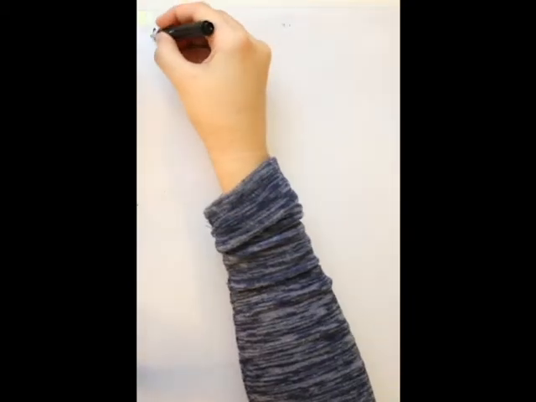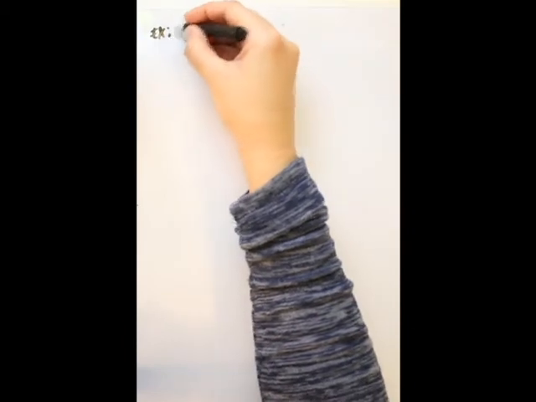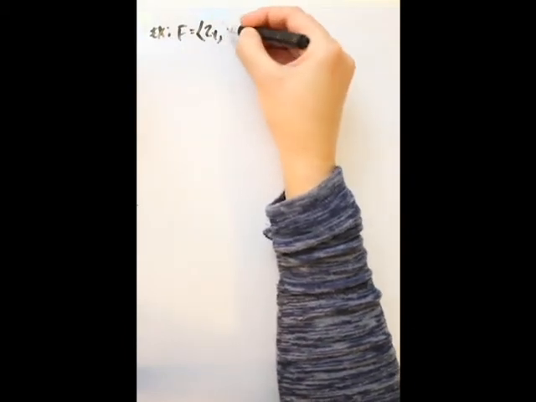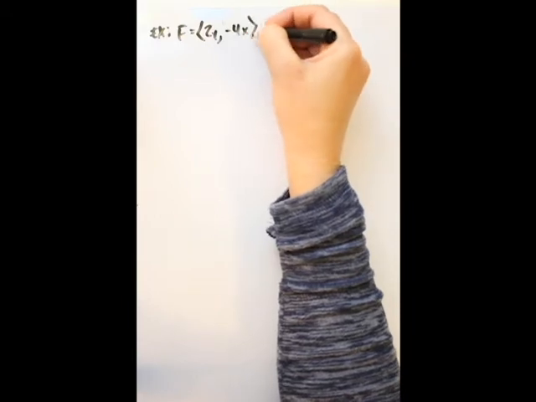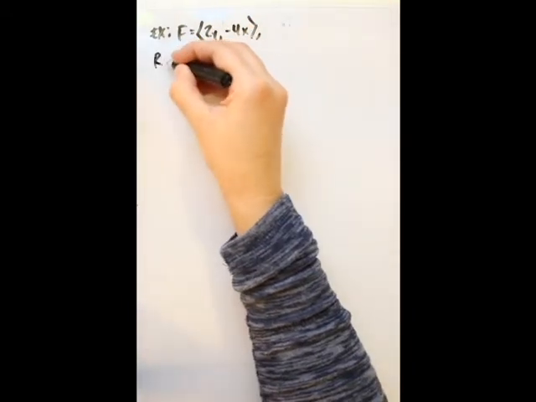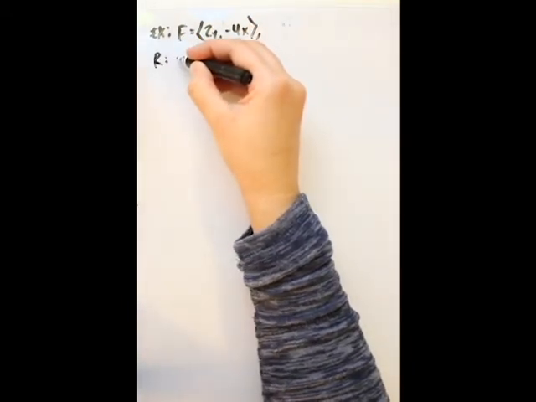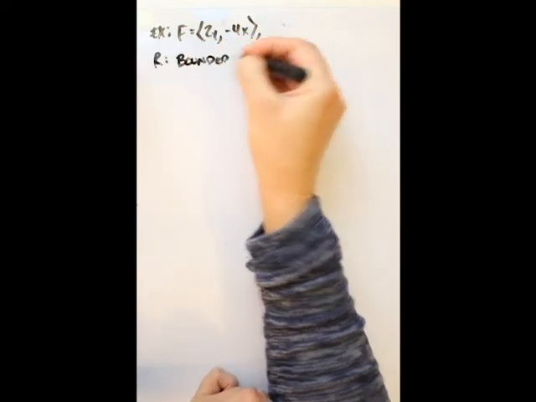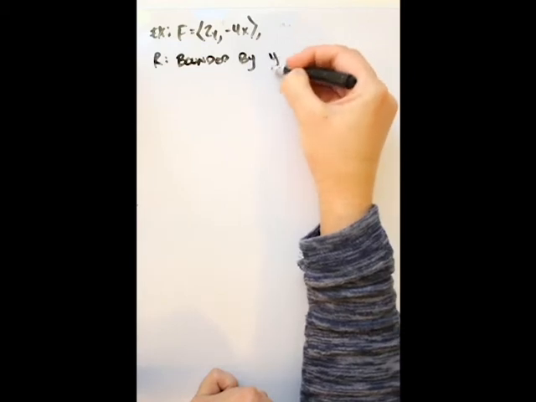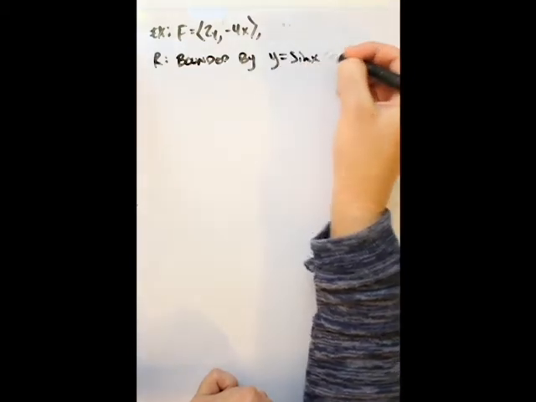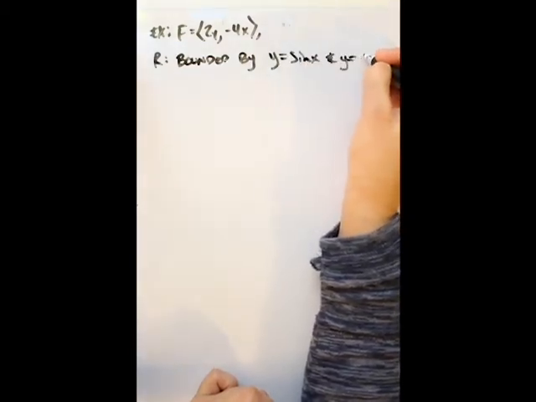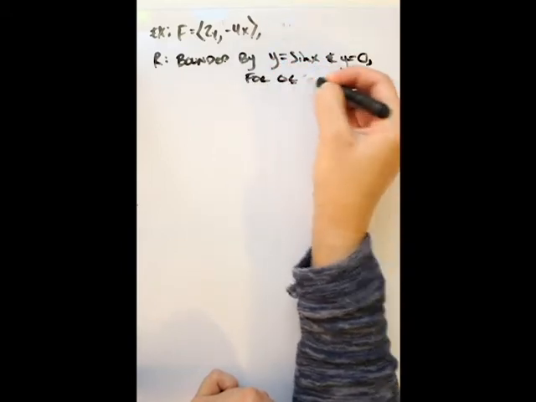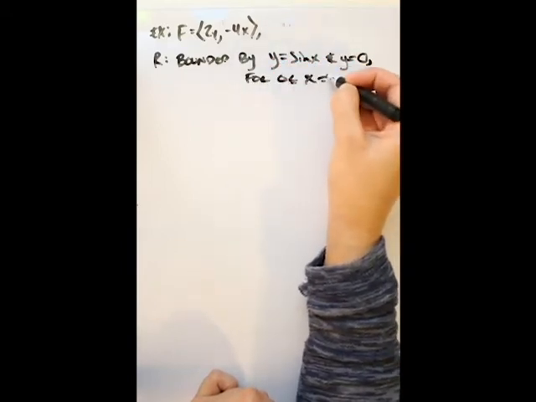For example, we're going to consider the vector field F equal to 2y, comma, negative 4x, and our region R is defined as the region bounded by y equals sine of x and y equals 0, for x between 0 and pi.